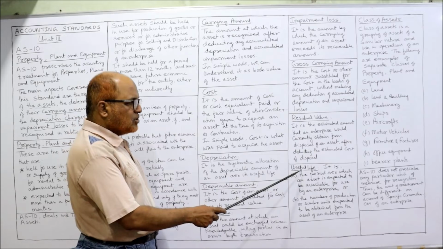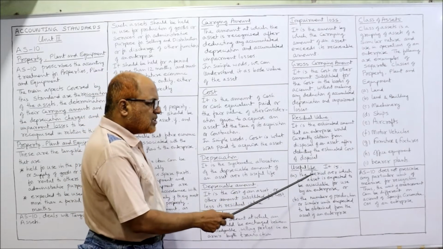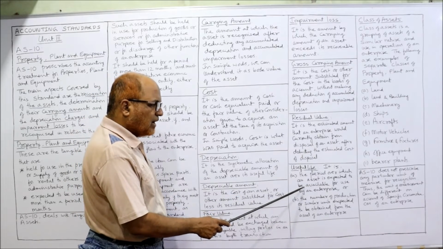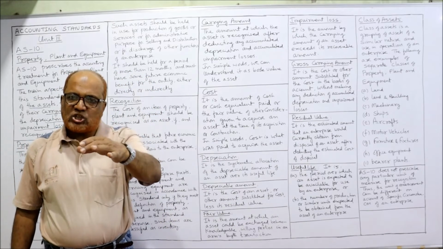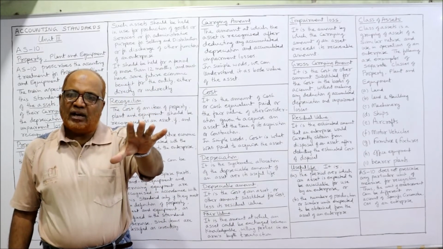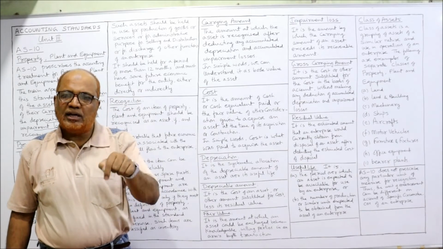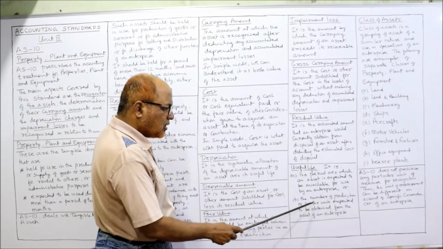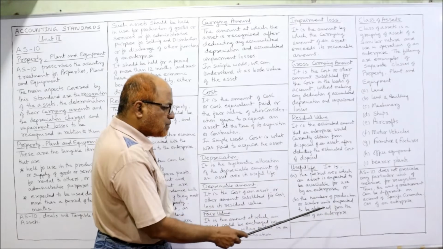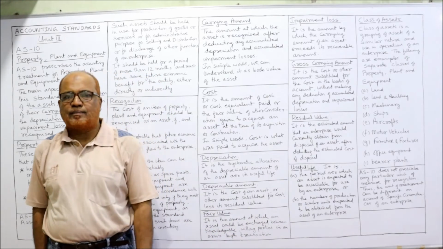So what is this useful life? It is a period over which an asset is expected to be available for use by an enterprise. It is a period during which the asset is available for use in the enterprise. And the number of production or similar units expected to be obtained from the asset of the enterprise.